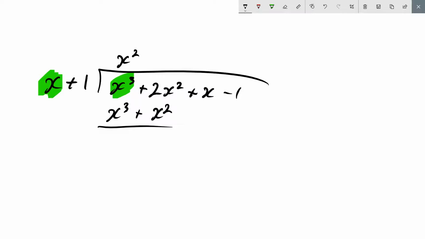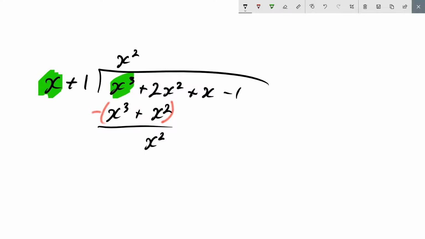I'll draw my line. Now you might like to put a subtraction symbol and put brackets just to help you differentiate what's actually being subtracted, or you can just put a minus symbol. It doesn't really matter too much. Now when we subtract, we'll find that these two terms here will cancel, so I won't even bother doing anything for that, and this here will be x squared.